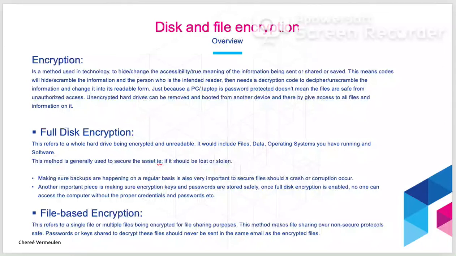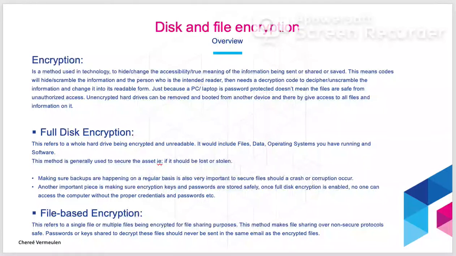So making sure that backups are happening on a regular basis is very important to ensure the security of the files should corruption occur or should a crash occur. Another important puzzle piece to this is making sure that encryption keys and passwords are stored safely, because once a full disk is encrypted, no one can access it without the proper credentials or passwords.